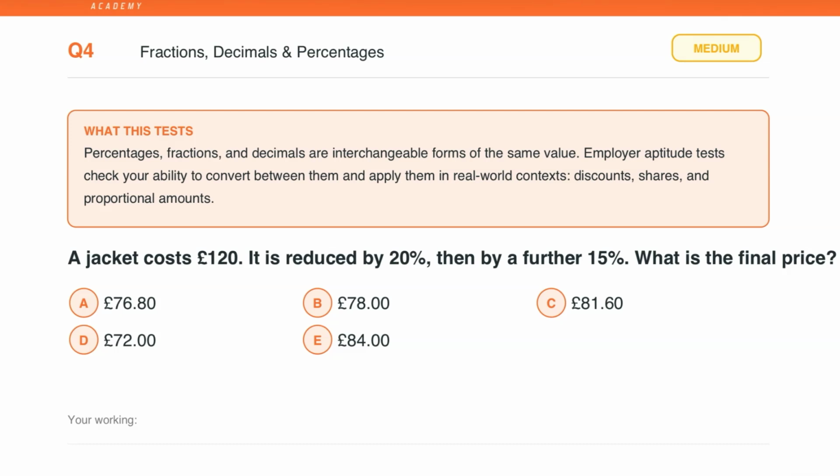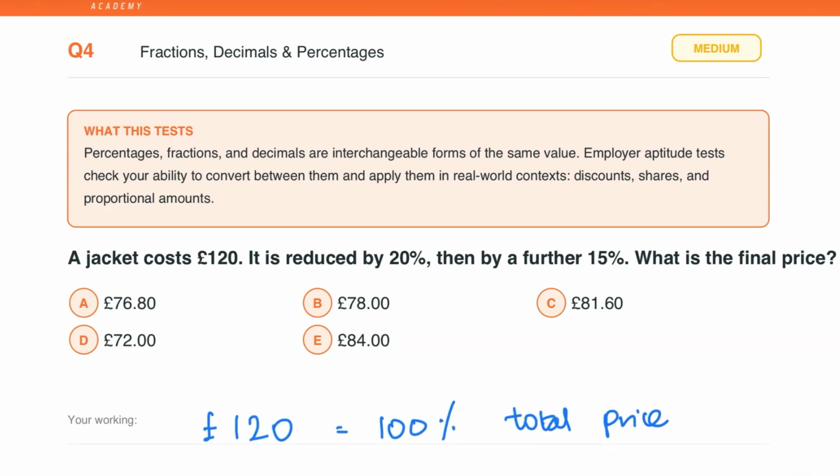First, you have a discount of 20%. You have 120, and if you assume 120 pounds is 100%, that means the total price.